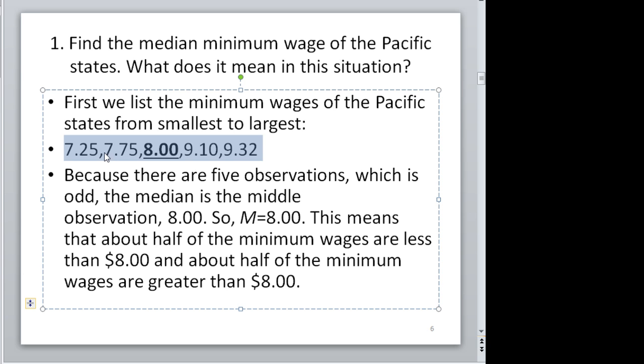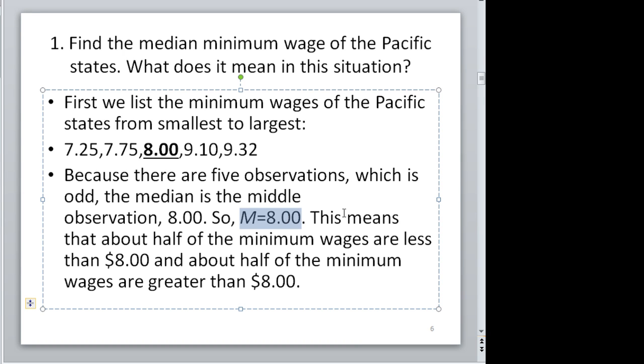We have 5, which is an odd number of data points, so the median would be right in the middle, which is 8. Because there are 5 observations, the median is the middle one, which is 8. So M for median, 8.